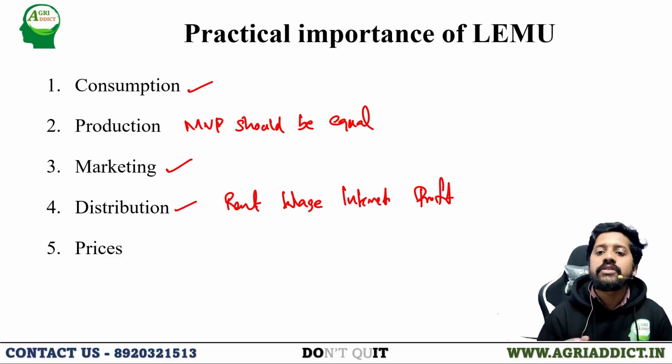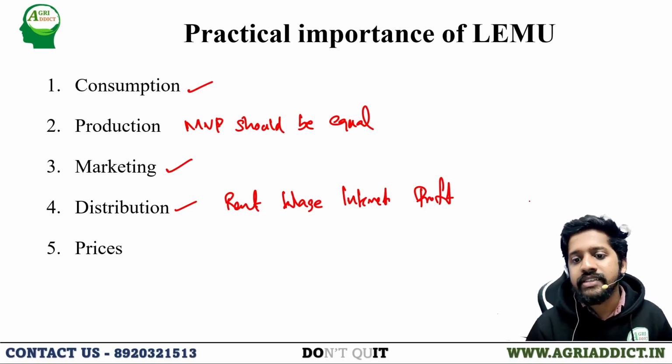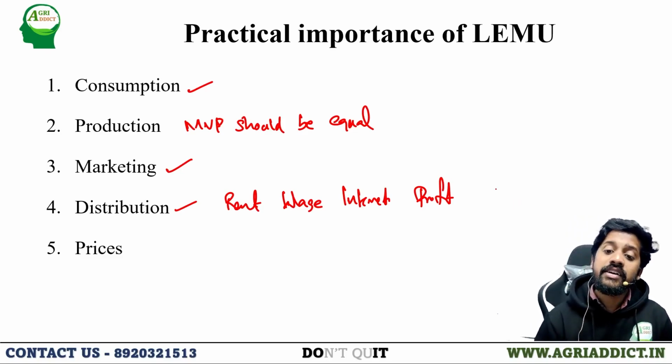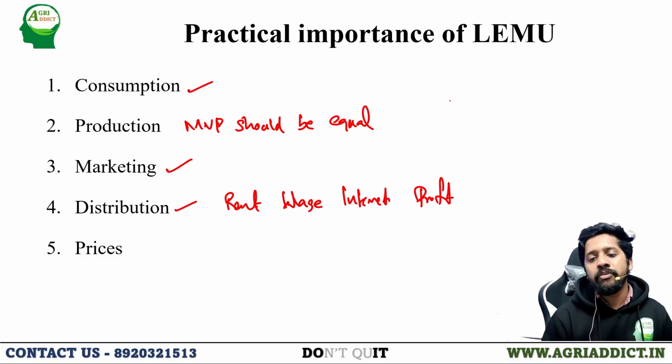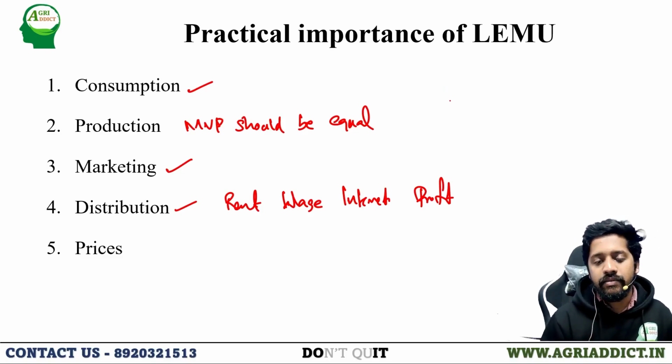It will be based on the law of equimarginal utility: the marginal value product produced by each factor of production, that is land, labor, capital and organization, will determine the proportion of rent, wage, interest and profit divided among them. So in distribution also, the law of equimarginal utility has similar practical importance.